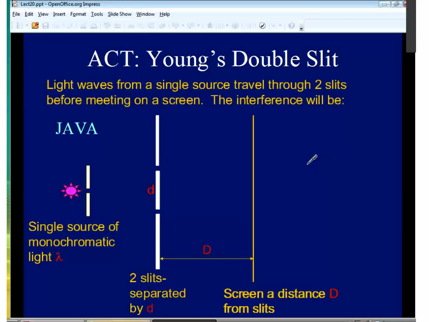Alright, so we arrange for a single source. We arrange for a source of monochromatic light, and then we let the light pass through two slits.